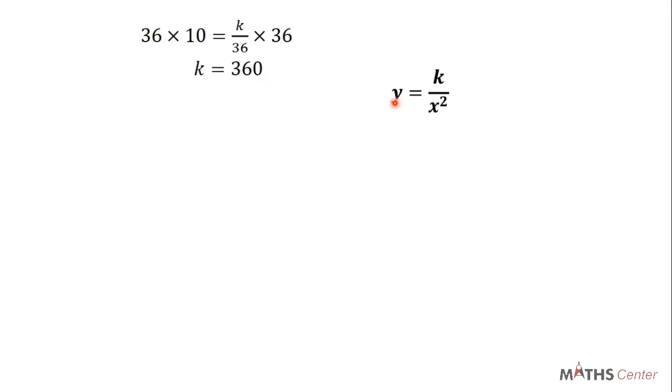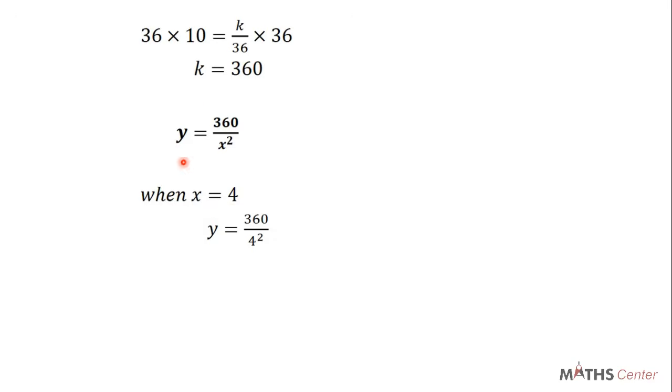Remember, the expression was y is equal to k divided by x squared, and we have found out that k is 360. So you have y is equal to 360 divided by x squared. The question said we should find y when x is equal to 4. Now we have this expression, y is equal to 360 divided by x squared.